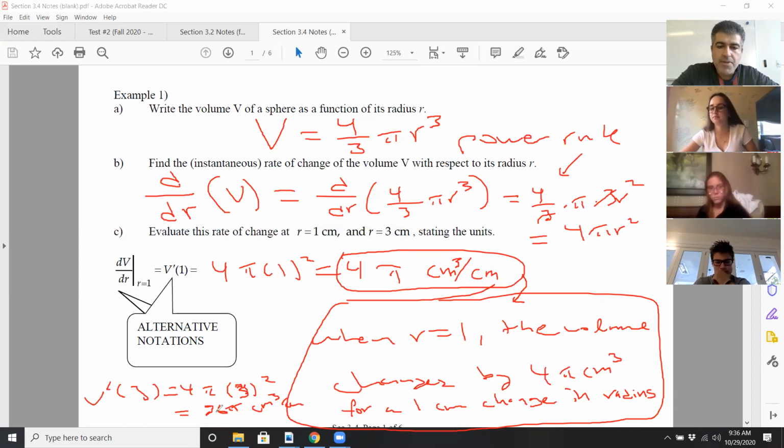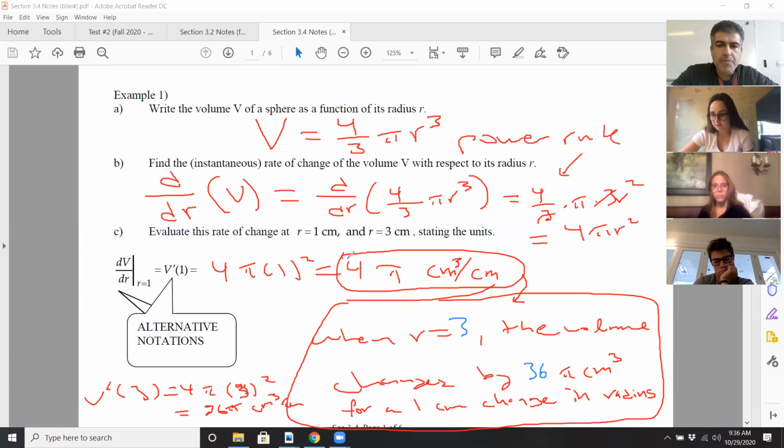And then for this one, for 36 pi, if I simply replace this, when r equals 3, the volume changes by 36 pi cubic centimeters. So when you have a radius of 3, the volume changes by that much for every centimeter change in radius.